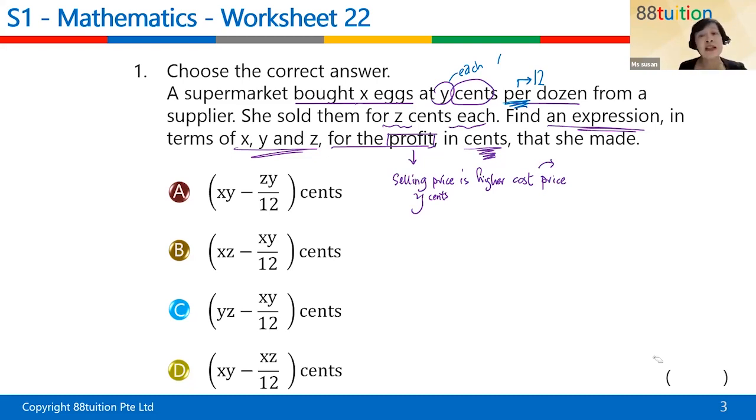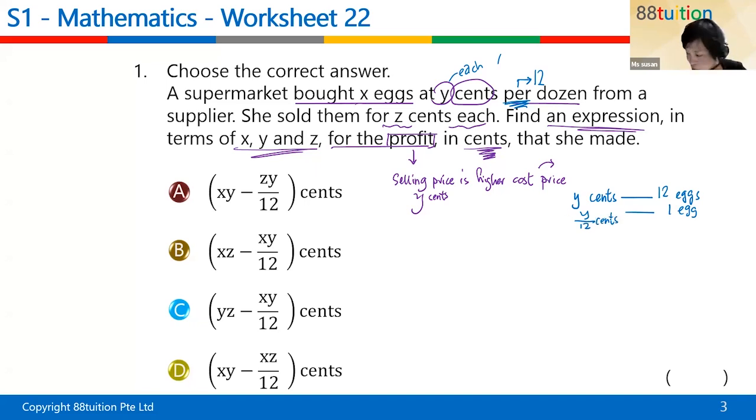But what I taught in the level is, I use the word overhead rate. Let's take a look. How does this work? First things first, I want to put them into the proper column. Y cents is for 12 eggs. All right. So now he bought X eggs, right? So probably I can find one egg first. So for one egg, I will get Y over 12 cents.